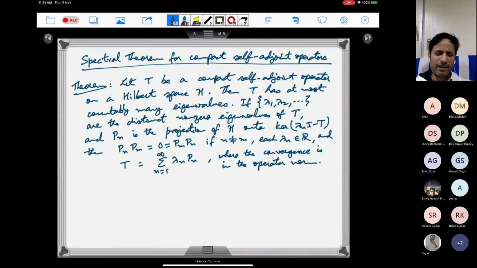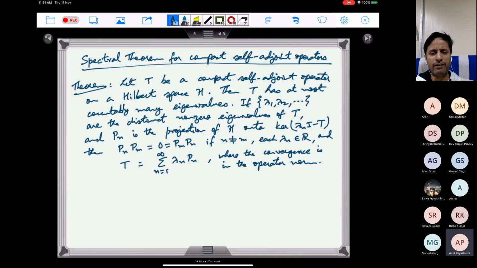In fact, from this corollary also, what we also know is that because this is a compact operator, the kernel of lambda n I minus T is finite dimensional. So if I take an orthonormal basis for this kernel, there will be finitely many vectors there.